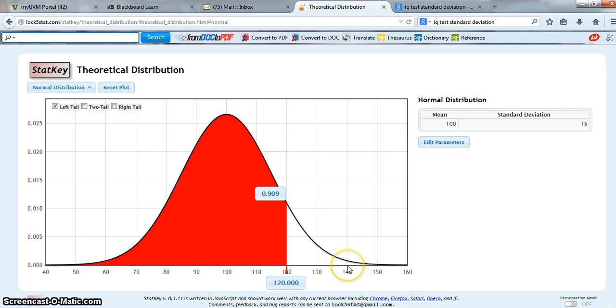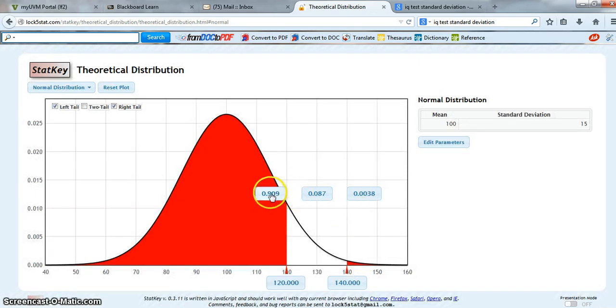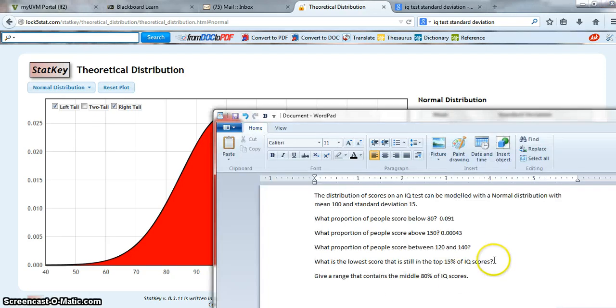We've got right tail, and we move that to 140. And now it shows us we have 0.909 less than 120. The proportion of people above 140 is 0.0038. And then the remaining proportion in between is 0.087. So our answer here is 0.087.